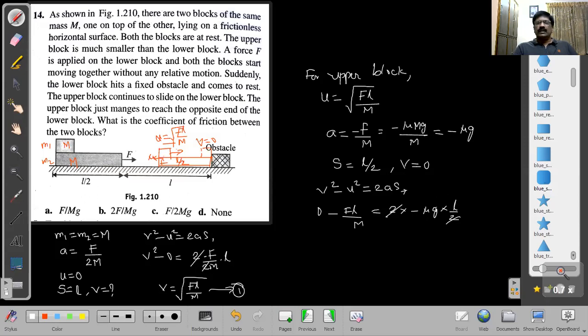So here L cancels, this L and this L cancel, and the minus cancels. Therefore mu is equal to F by M into g. This is the coefficient of friction between those two blocks.